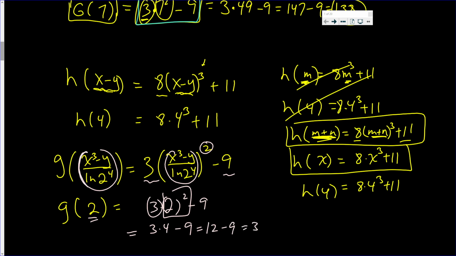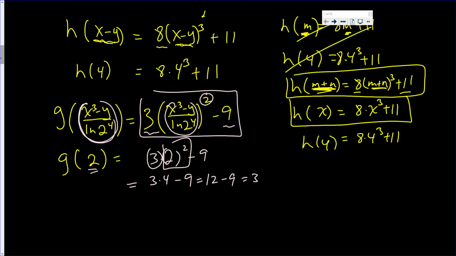Don't worry about what's in here. Worry about what's being done to what's in there. So if I ask you what g of r is, whatever in the bracket gets squared, multiplied by 3, and has 9 subtracted from it.